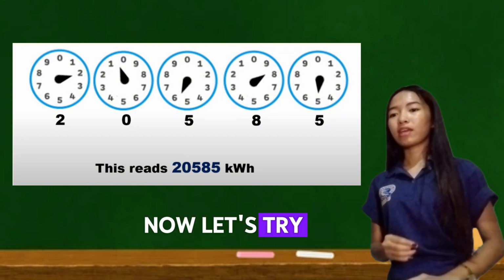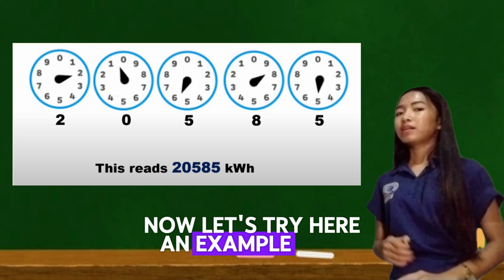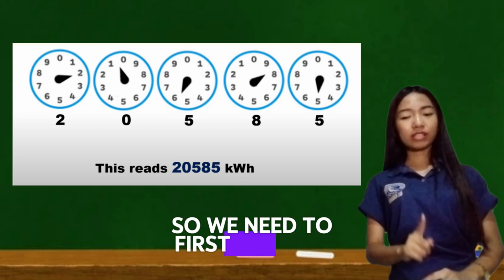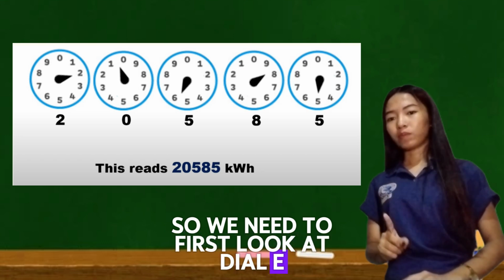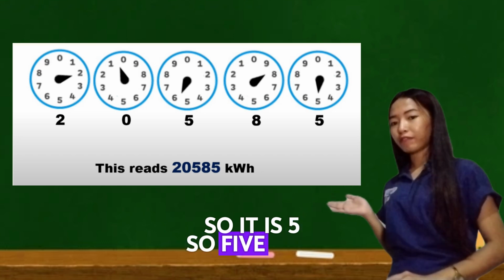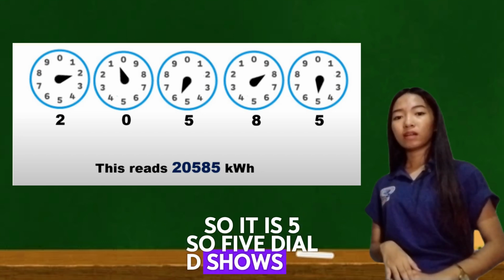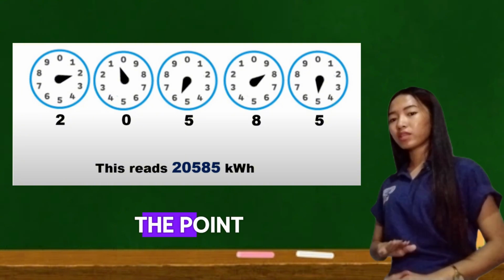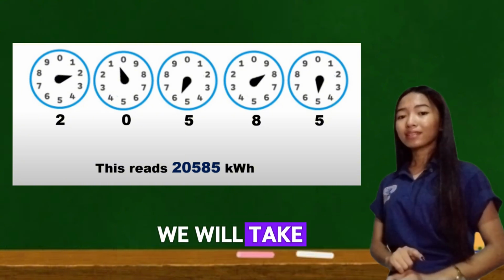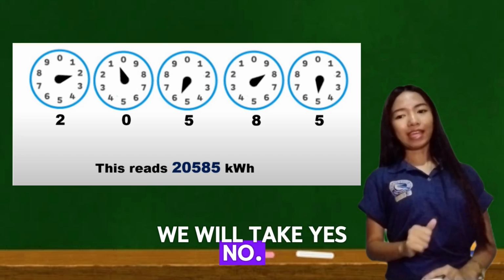Now, let's try here an example. Dial A to dial E. So, we need to first look at dial E. So, it is 5. Dial D shows the pointer is between two numbers, which are 8 and 9. We will take, yes, number 8.